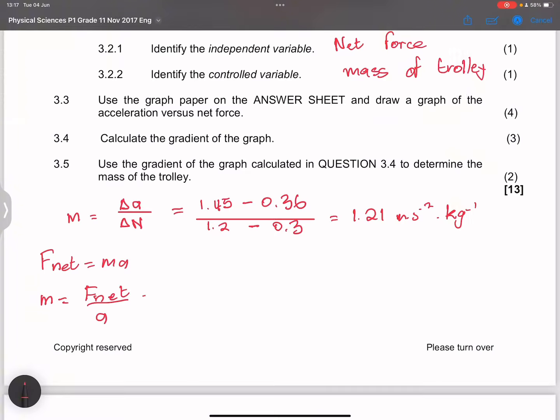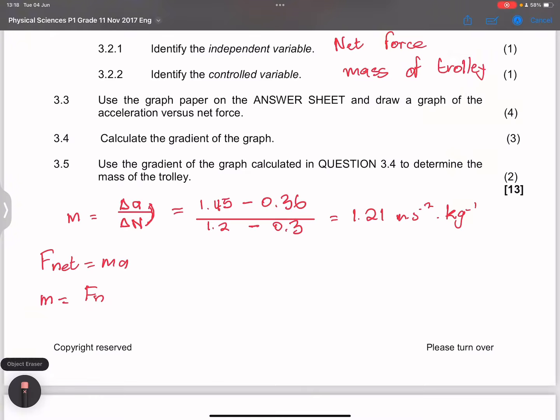But note here, what do you have in your gradient? It's actually the other way around. Acceleration divided by the force. So which means that the mass would be the inverse of the gradient, right? Remember, the gradient gave you acceleration over force, but we want force over acceleration.